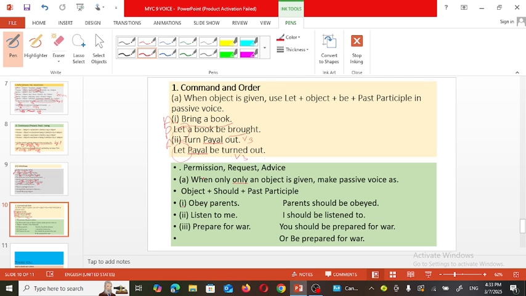Now, when we want permission or request, or if we want to advise anyone, what changes can we make in the sentence? For example, here, obey parents. Obey parents is an order or instruction. So what changes can we make when we want to change it into passive voice? Parents should be obeyed, because here it is you should obey parents.